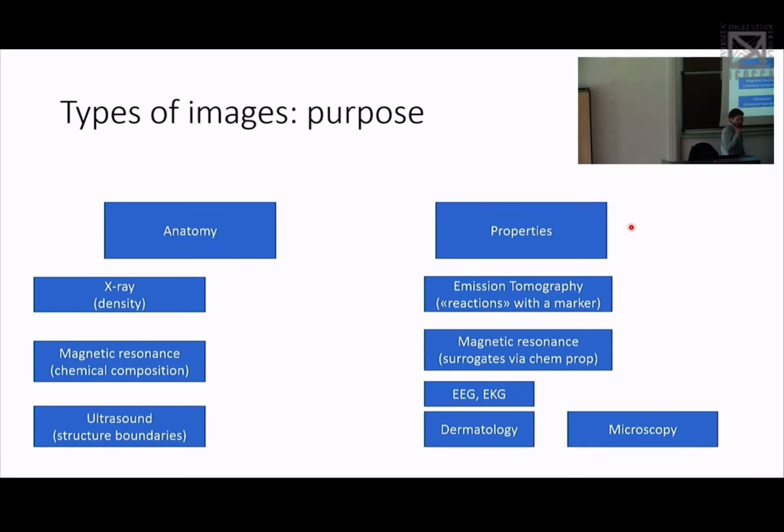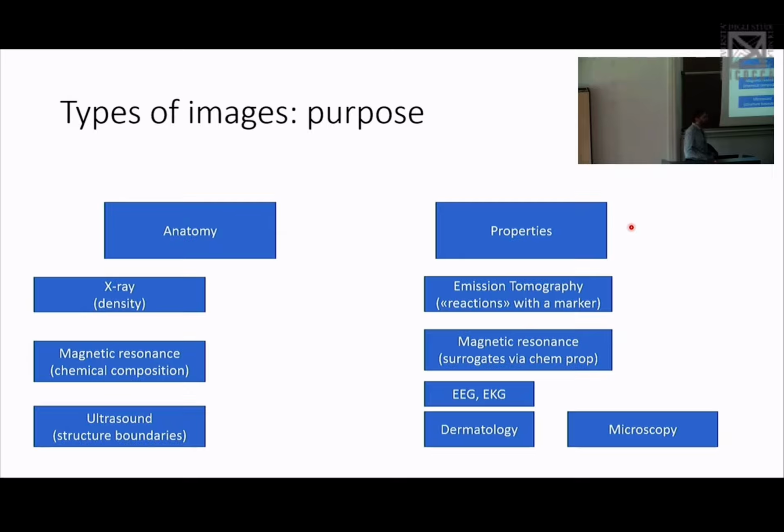We can also distinguish images according to the purpose. Why are we doing that? We can take a look at anatomy. Anatomy is the shape of the body. And we can take a look using X-ray. X-ray looks at densities. And generally, different organs or different parts have different densities, so you see the shape of each organ.